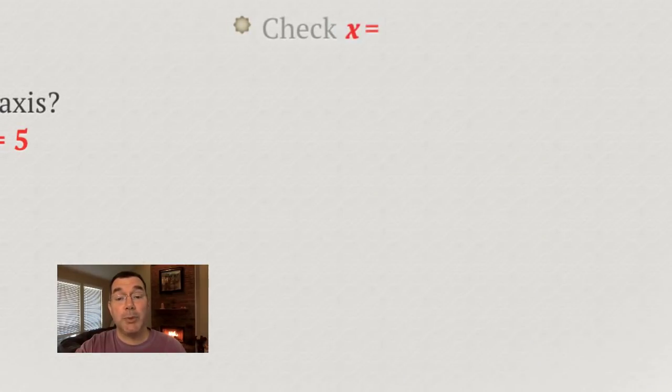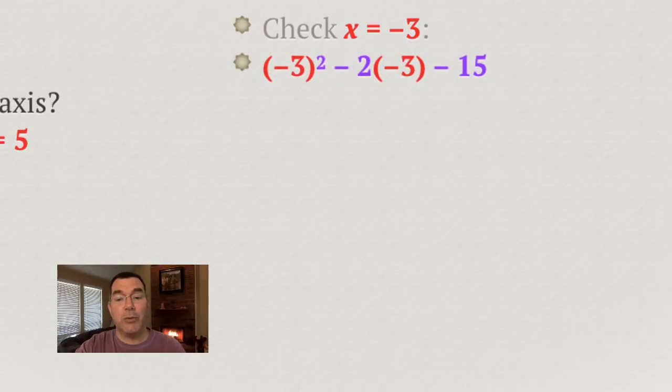And just to show you that they are indeed the solutions, I'm going to plug each of them in for x into the original equation and see that the left-hand side does end up equaling 0, which is on the right-hand side. So if I replace every x with -3, then I get -3 squared minus 2 times -3 minus 15. And that ends up being 9 plus 6 minus 15, all of which is equal to 0.